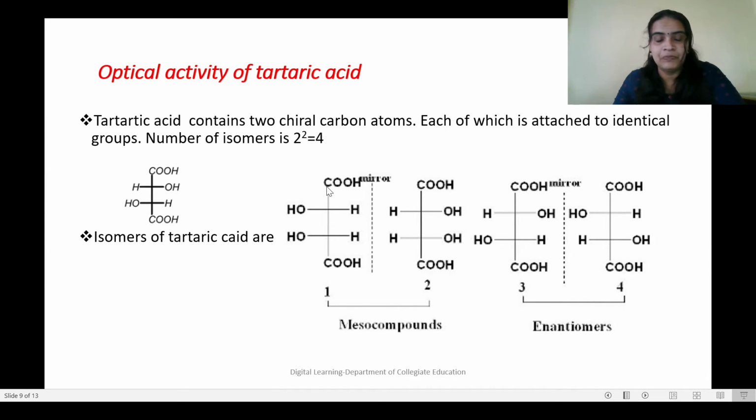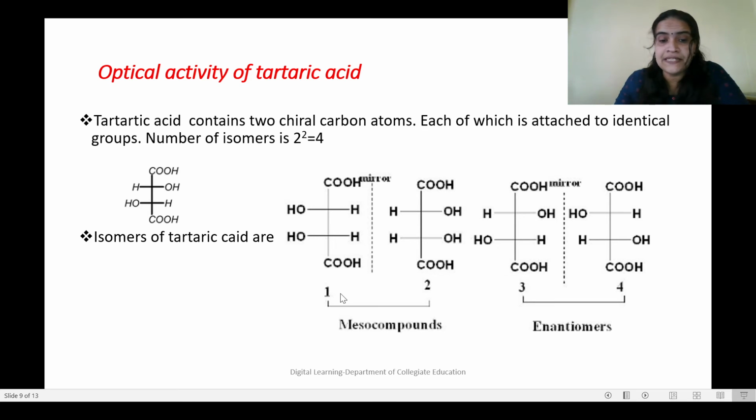It is represented here. One way is like this: COOH, OHH, OHH, COOH. The second one can be represented like this, and the third one can be represented as COOH, HOH, OHH, and COOH. And the fourth one can be represented like this.